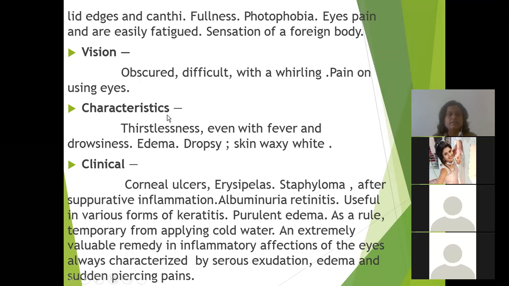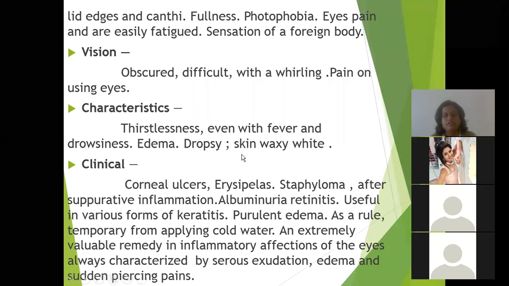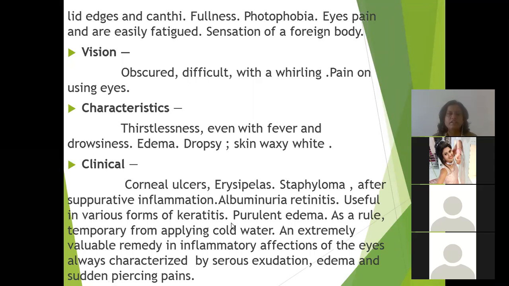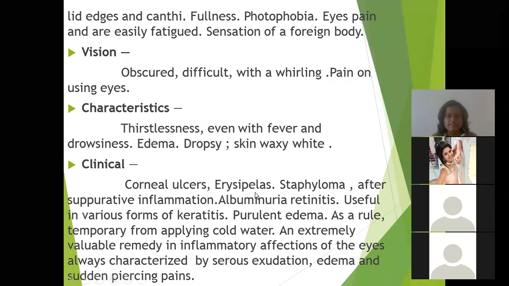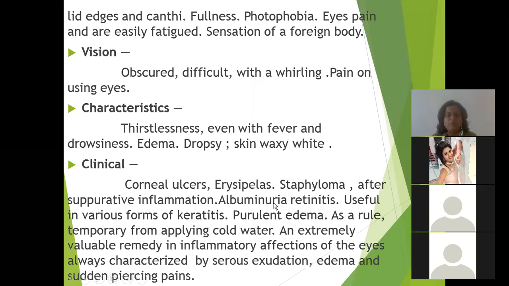Characteristic is thirstlessness even with the fever, and drowsiness, edema, dropsy, skin is waxy white. So, clinically, Apis mellifica is used in corneal ulcer, erysipelas, staphyloma after a suppurative inflammation, albuminuria, retinitis, and is useful in various forms of keratitis, purulent edema, as a rule temporary from applying cold water.